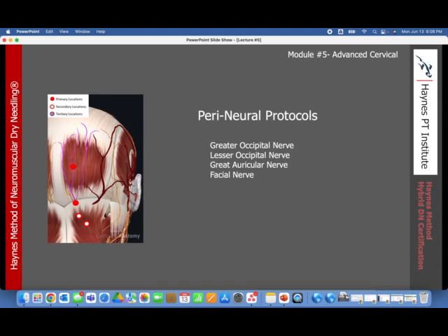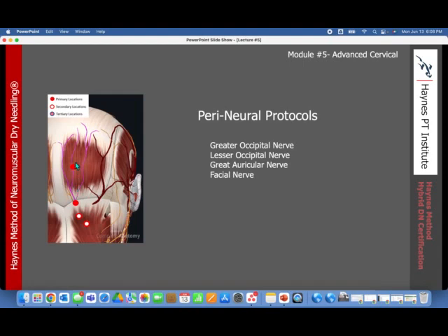Well, primarily what we see is sites of entrapment. And so here where my cursor is around this red dot, as this nerve comes through this fascial plane, if there is muscle tension, if there is something that's going on that's creating some tightness in that area, we can needle around it and create more movement for that nerve in that area.